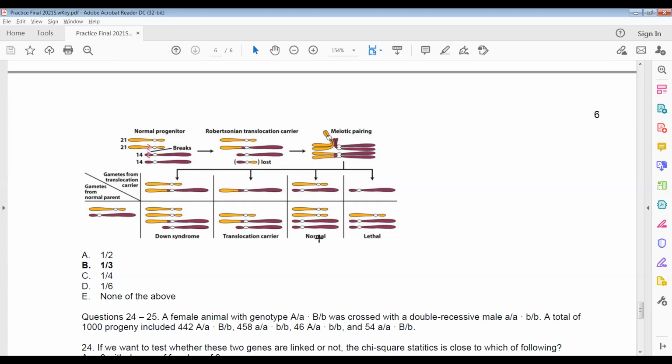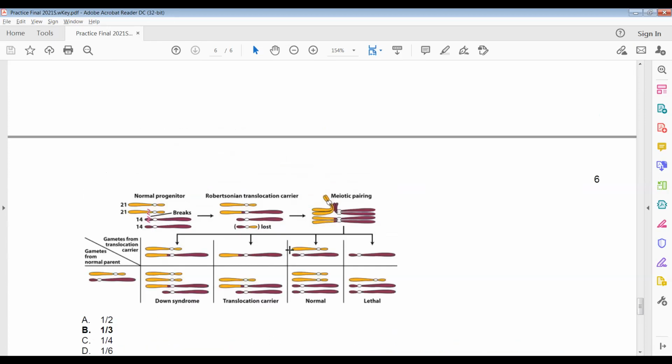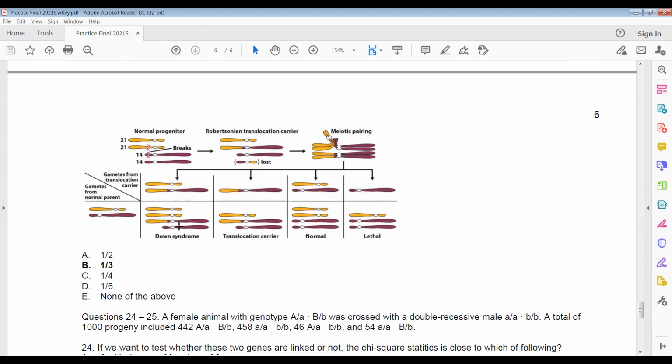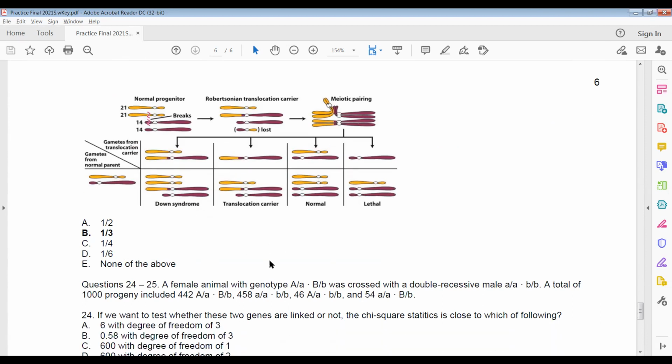So we have only 3 possibilities. And the question is, what is the chance that the child will be born with Down syndrome? Only this possibility, right? This is a carrier with a normal phenotype, and this is totally normal. So the answer will be 1/3. Only 1/3 of the progeny from this marriage will have Down syndrome.